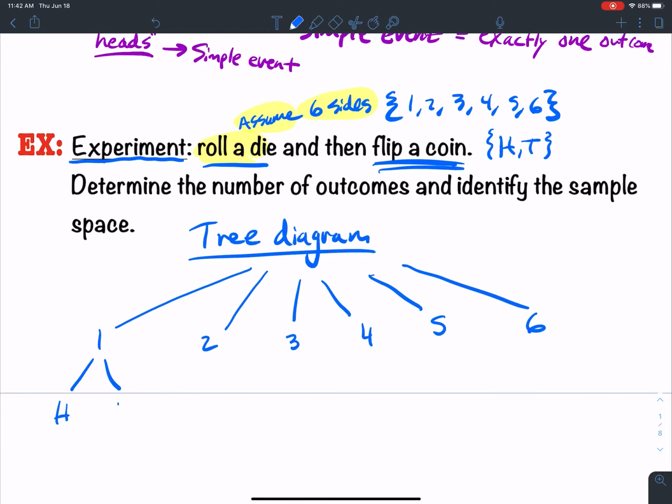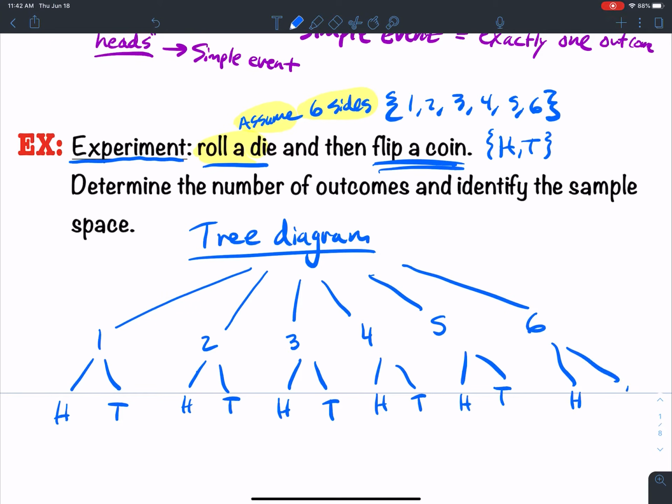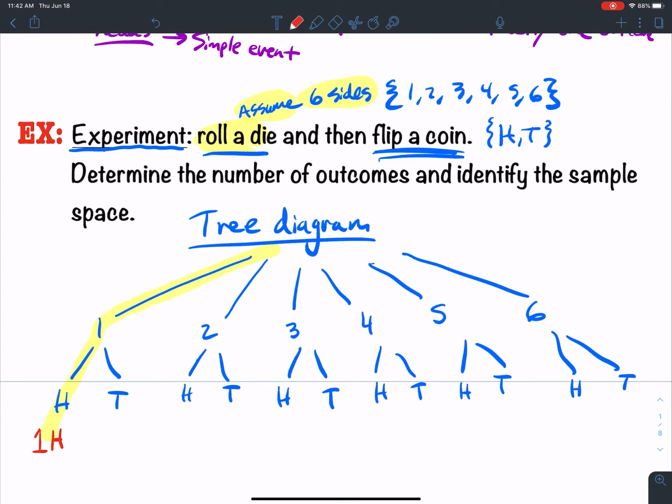Either you get a heads or you get a tails, H or T. Now, we need to talk about what each one of these represents. So if I follow this path here where I get a 1 and then a heads, this would be a 1H, meaning I got a 1 and then I get a heads.